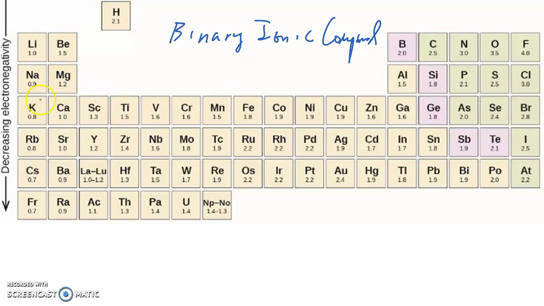We combine a metal with a non-metal, and then we say that is an ionic compound. And if we have a non-metal combined with a non-metal, we call that a molecular compound. But why? Why does the metal combining with the non-metal form an ionic compound?